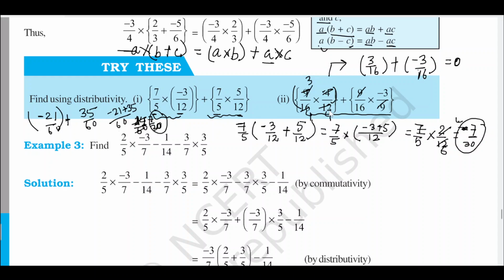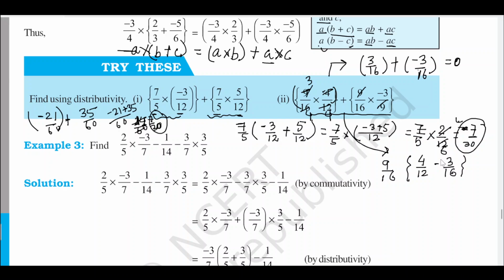Okay, and if we solve by taking out common terms, what will that be? We will take out 9 by 16 as common, and then 4 by 12 minus 3 by 16.